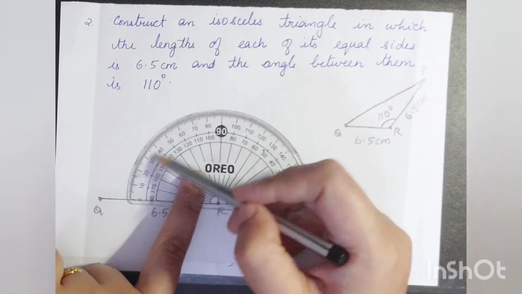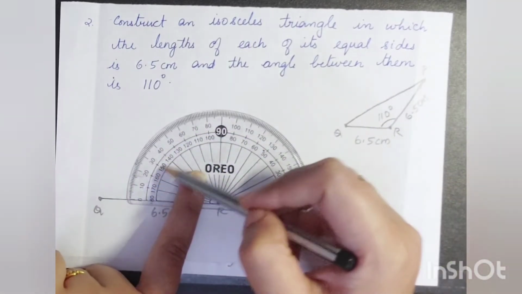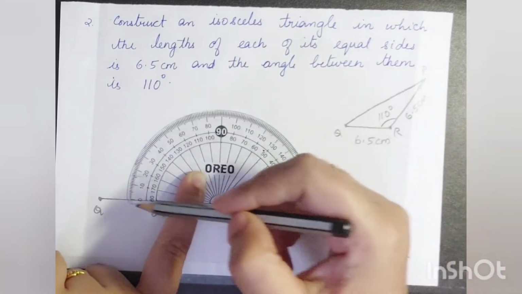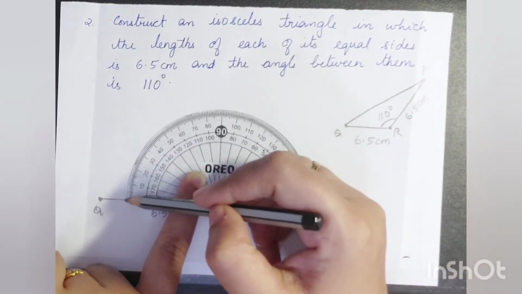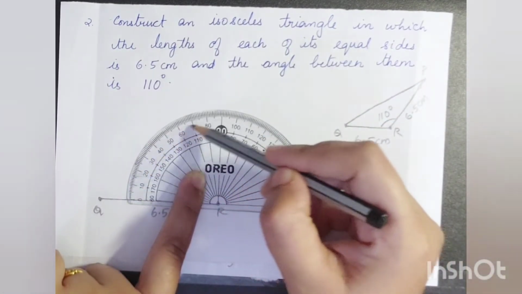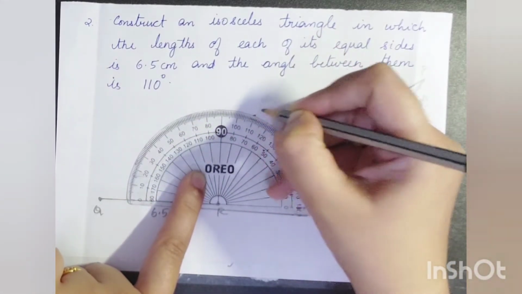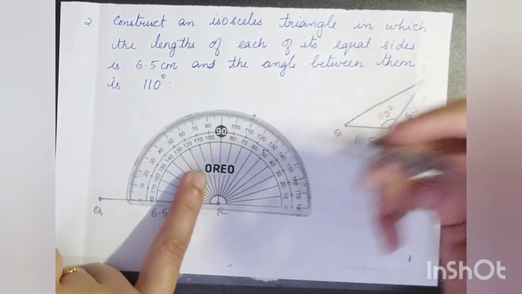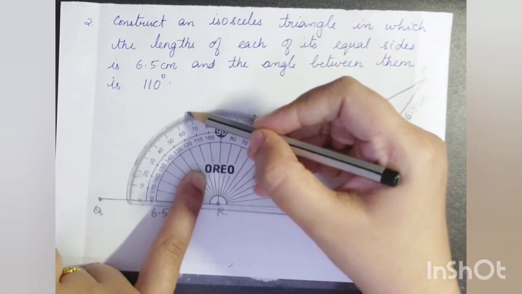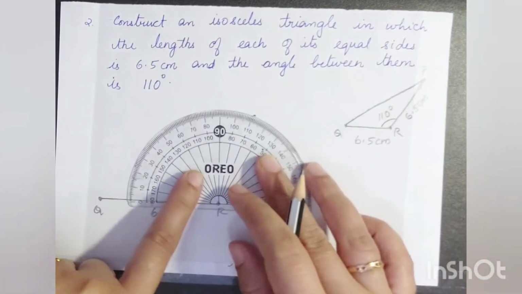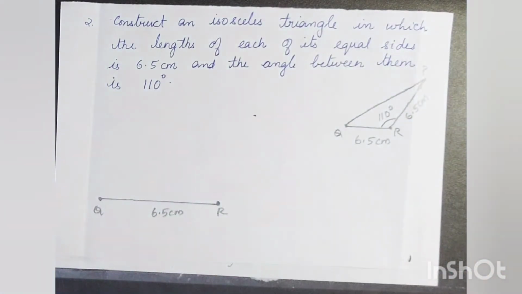There is a measurement at the top layer and there is a measurement at the bottom layer. Top layer starts with 0. So since we are starting from here at 0, we have to take 110 here. Correct? 110 is an obtuse angle. So you cannot take it here. If you take it here, it will become an acute angle, right? So this is our 110 degree. Okay? Now join these two.